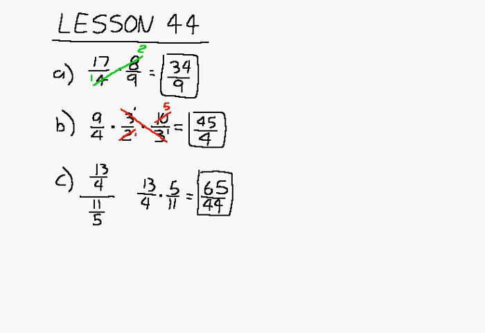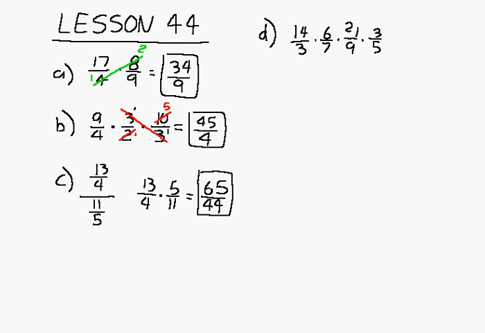Let's do D. This problem has multiplication and division in it. Everything is already written as improper fractions, so let's go ahead and change the divisions to multiplications by inverting them. So we have 14 over 3 times 6 over 7 instead of divided by 7 over 6 times 21 over 9 times 3 over 5 instead of divided by 5 over 3.